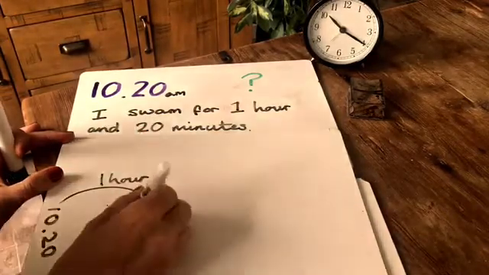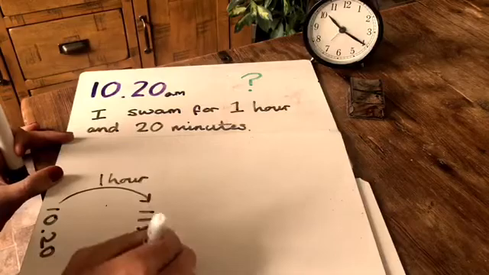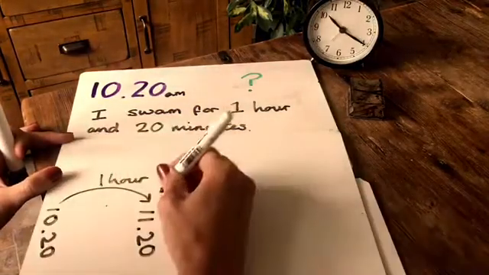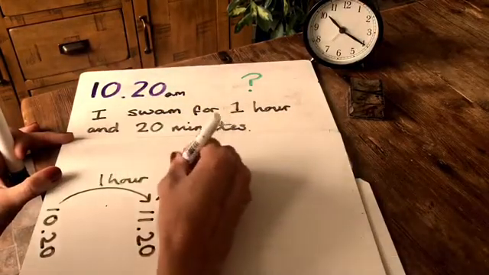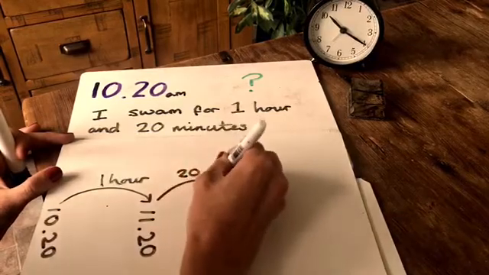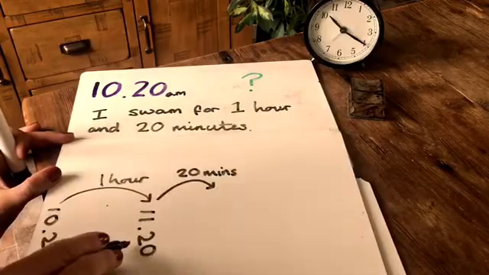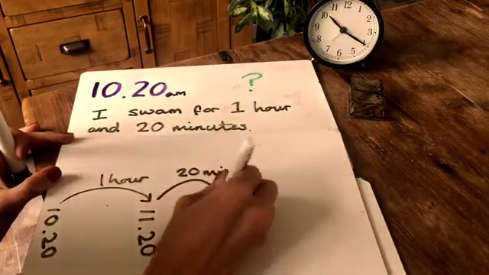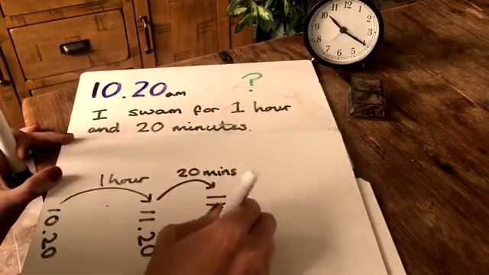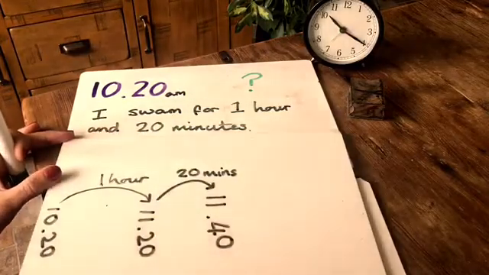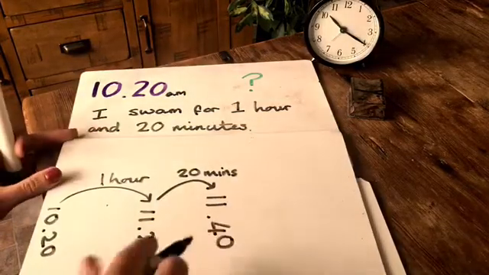That would take me to 11:20. And then I'm going to jump forwards 20 minutes. So I'm jumping forward 1 hour and 20 minutes. So I've already got 20 minutes here, and another 20 minutes will take me to 11:40. So I finished swimming at 11:40.